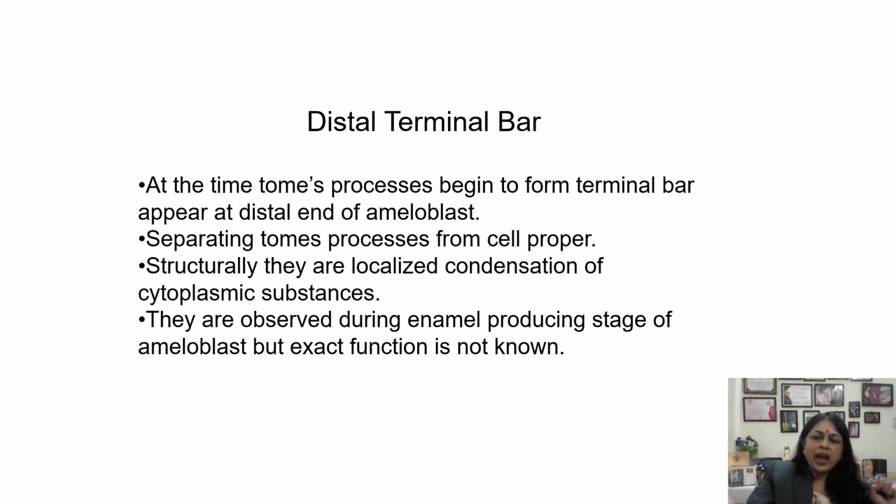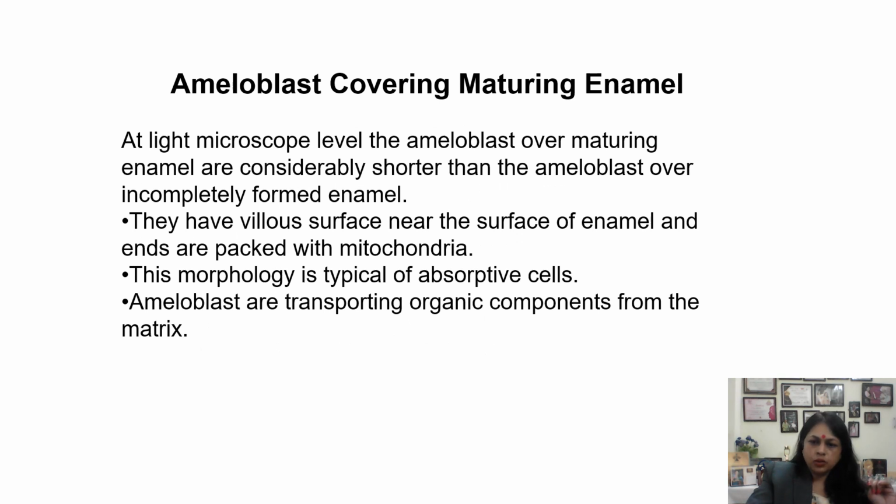So till now we have seen three parts. First, formation of enamel matrix, then second, development of Tomes process, and third, development of distal terminal bars. Now the fourth thing that happens in the formation of enamel matrix is the shape of the ameloblasts covering maturing enamel. At the light microscopic level, the ameloblasts over maturing enamel are considerably shorter.